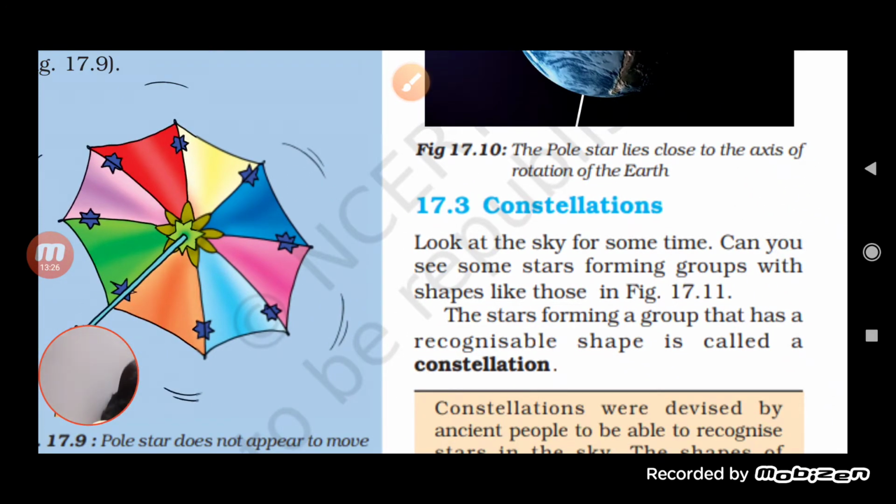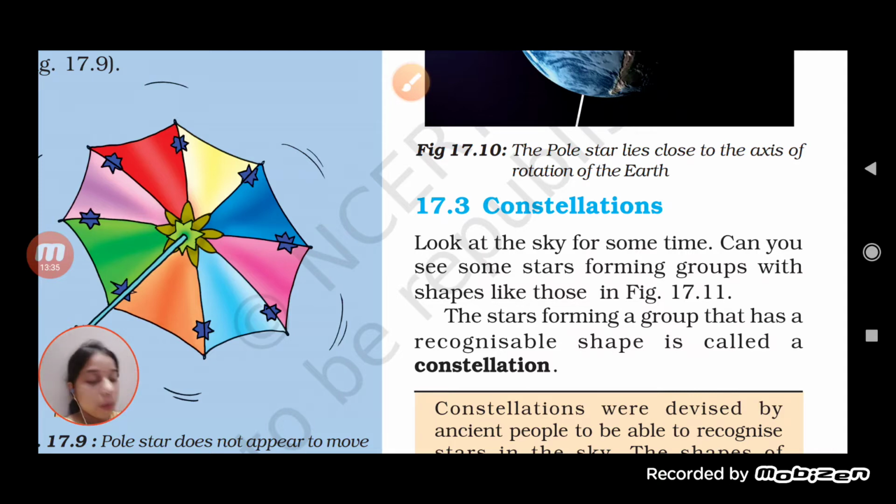Now let us start with the constellation. See, about the pole star, there are a few points that we must know. The first thing is that the pole star lies just above the north pole, and it appears to be at the same position because it is present at the axis of rotation of the earth.